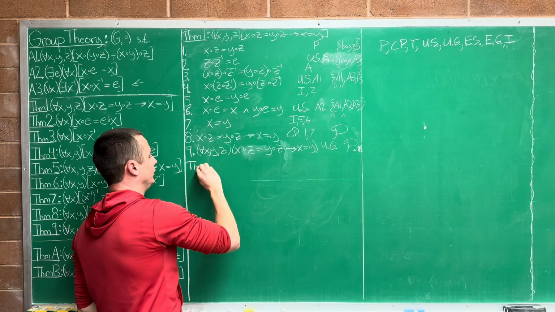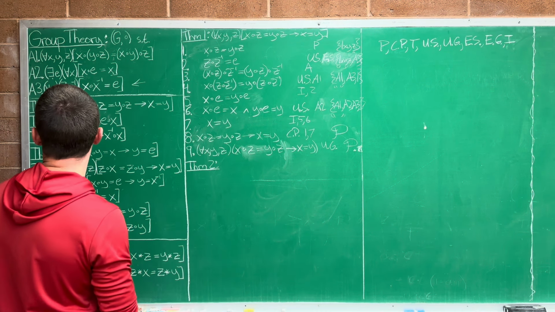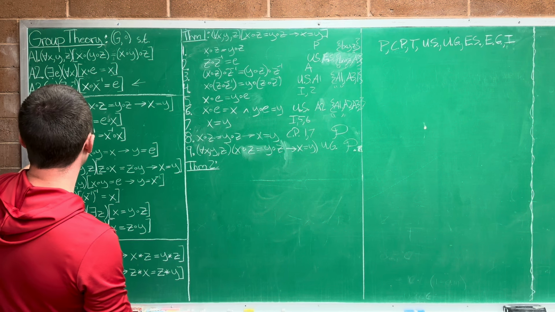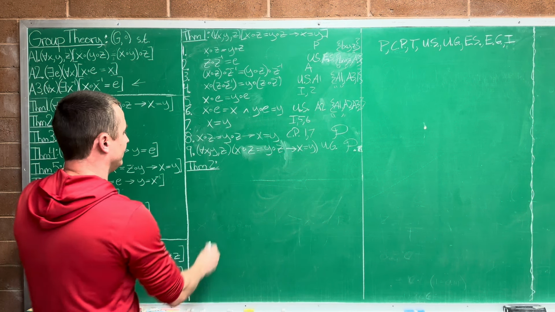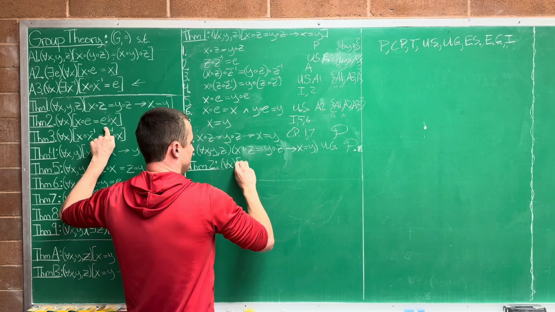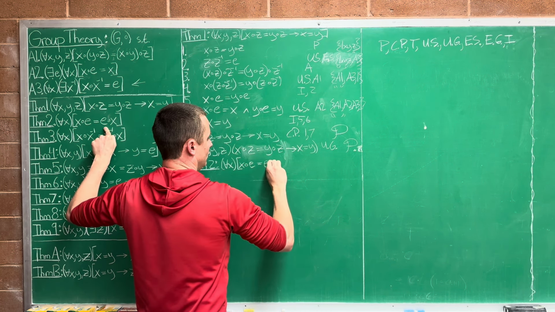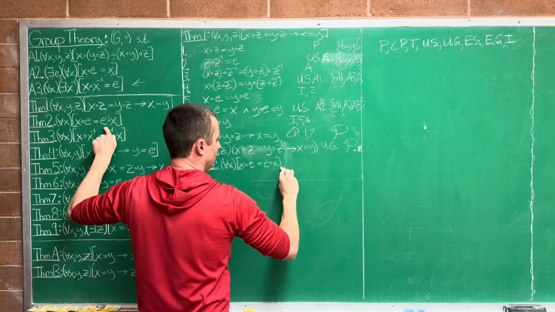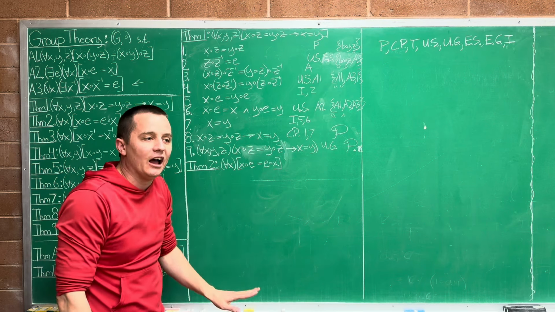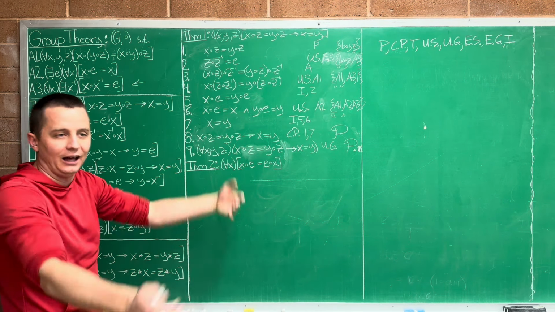So let's now prove Theorem 2. Theorem 2 is this one. For all x, x circle e is the same thing as e circle x. So it doesn't matter what side your identity element is on when you circle with it, it still just gives you back x.